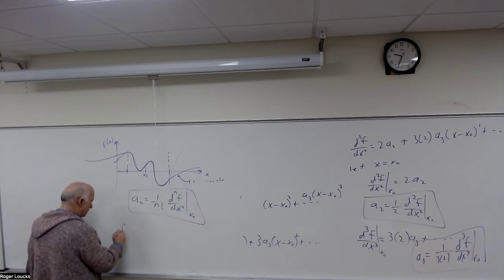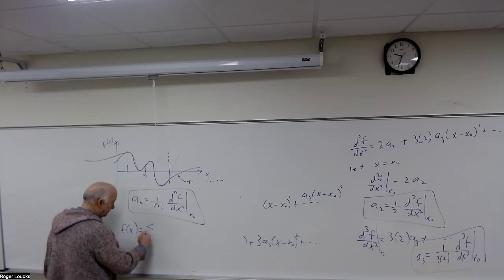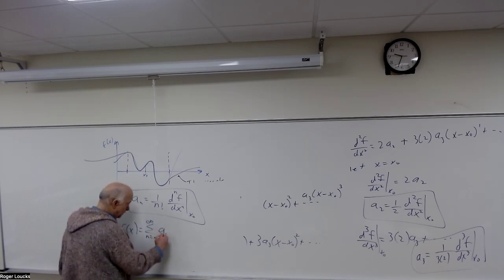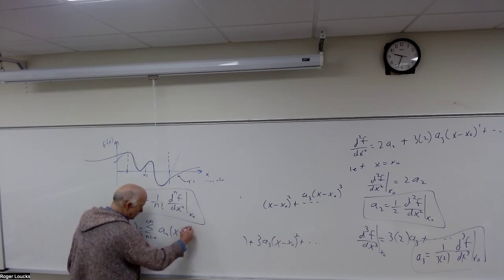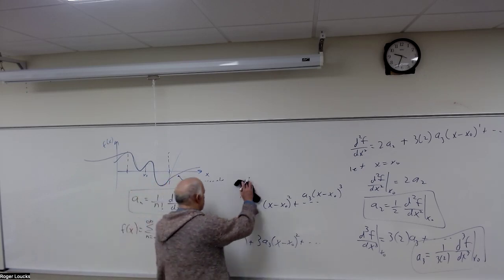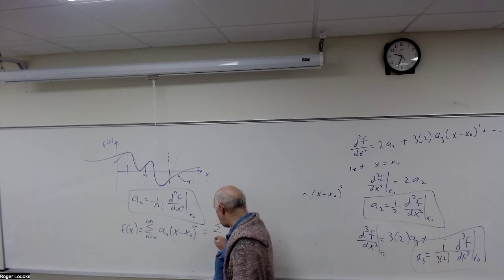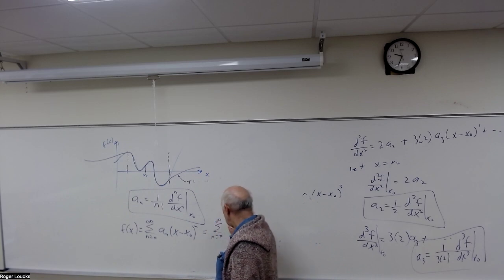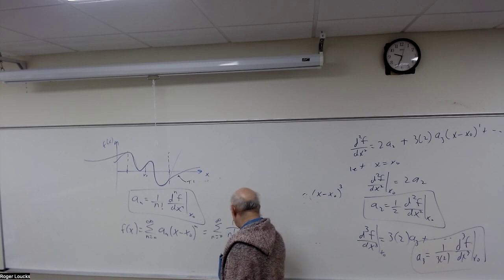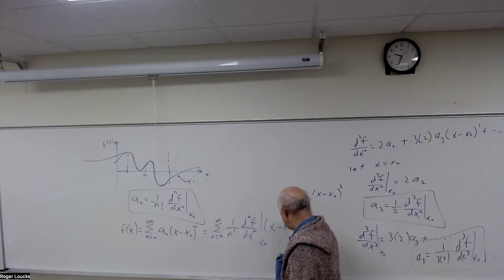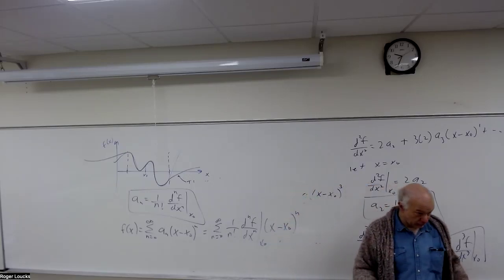So f of x is going to be the sum from n equals 0 to infinity of a n times x minus x naught to the n, which equals the sum of 1 over n factorial times the nth derivative at x naught times x minus x naught to the n. This is your Taylor series or Taylor expansion.